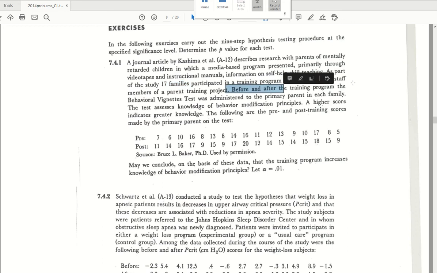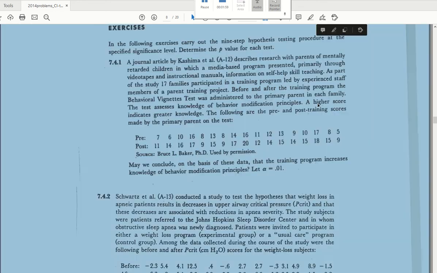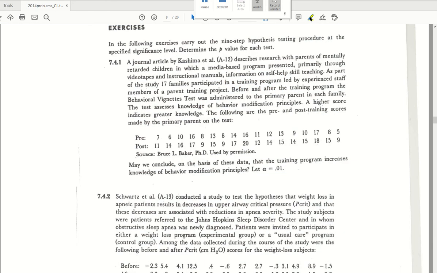So before and after the training program, the behavior vignette test was administered to the primary parent in each family. The test assesses knowledge of behavior modification principles. A higher score indicates a greater knowledge.